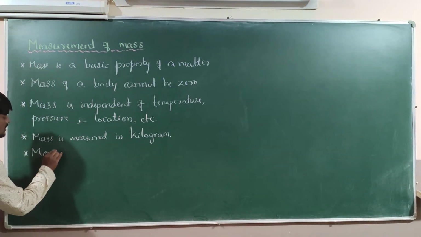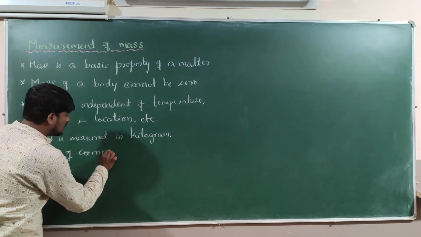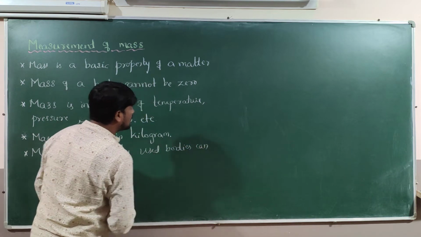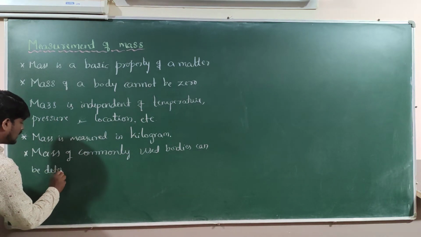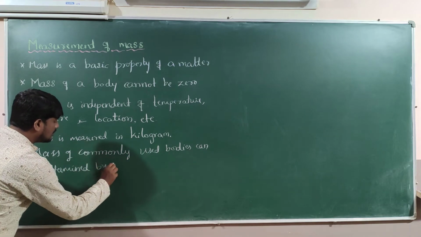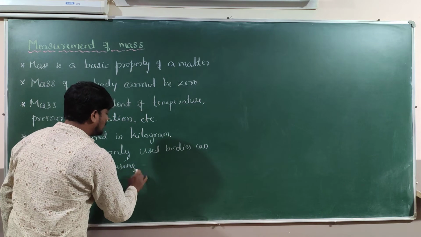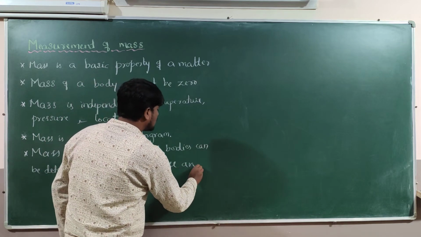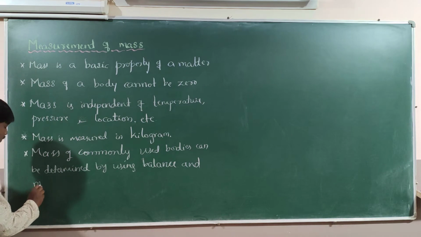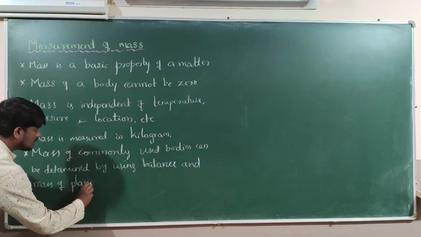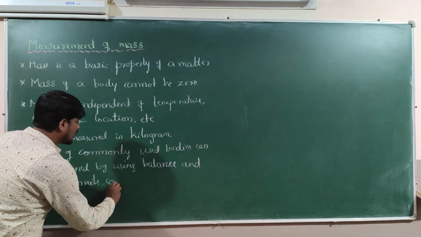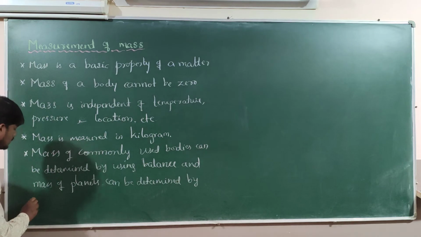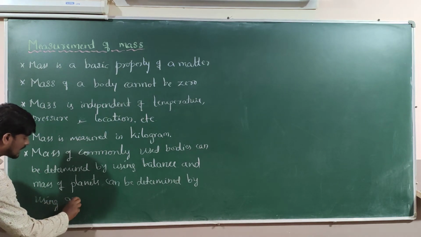So mass of commonly used bodies can be determined by using a balance, and mass of planets can be determined by using the gravitational method.